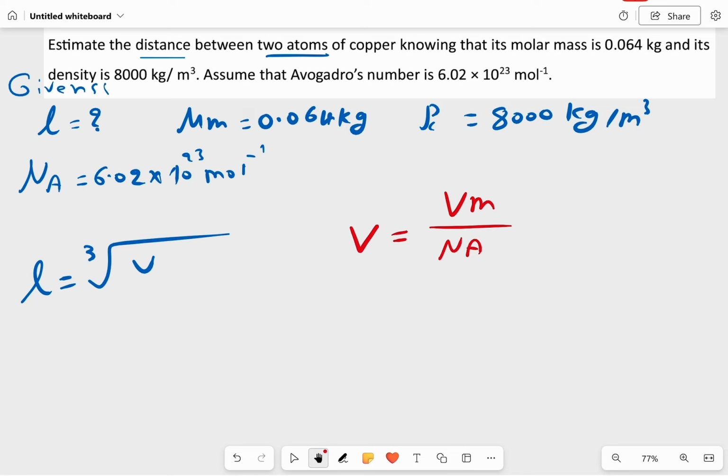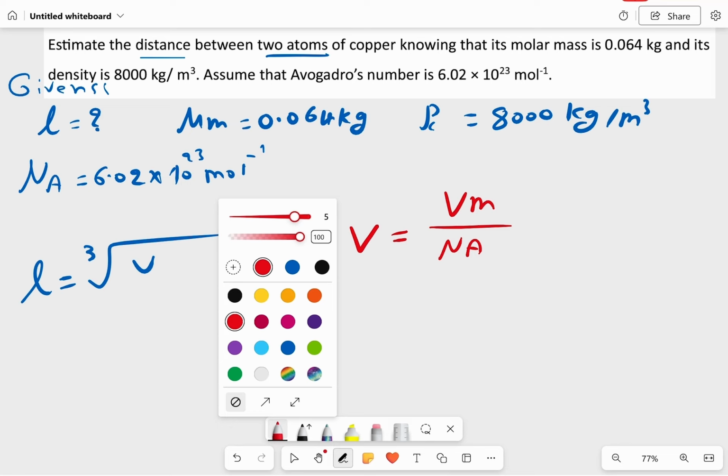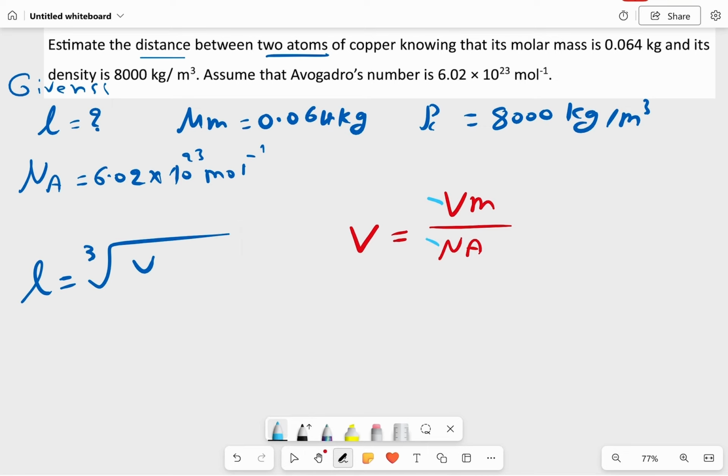Now look at these values that you have here. Do you have molar volume? No. Do you have Avogadro's number? Yes, sorry, you have Avogadro's number. So you only have Avogadro's number. You need to find molar volume and put it there.